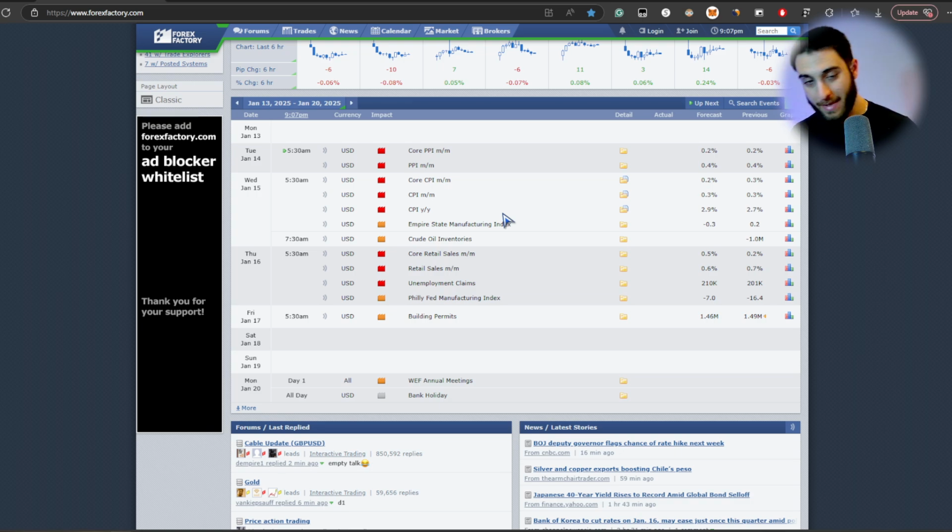Yeah, some days on CPI I was red, but for the most part, I was ending up green if I only traded CPI days. So I found that, okay, this is a profitable measure. I'm going to add this into my days of trading and news events that I'm going to be trading under.